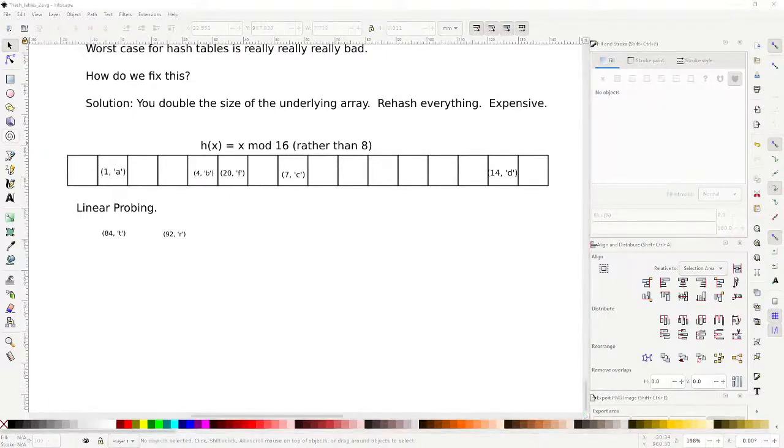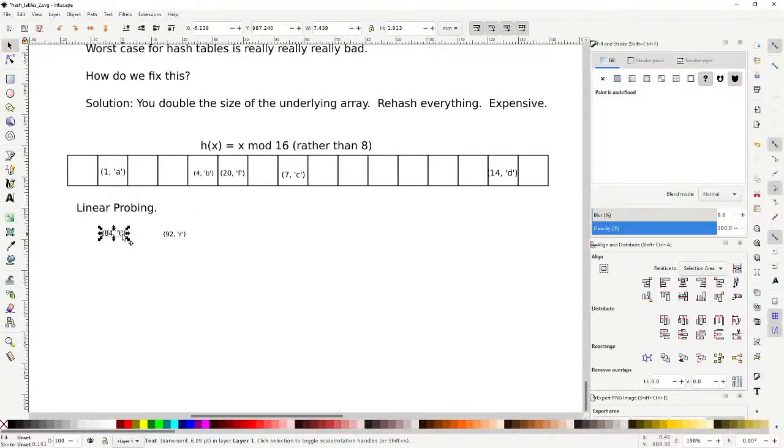And so now the question is, what is 84 mod 16? Unfortunately, isn't 84 mod 16 going to be 4? Yes. And then what is 92 mod 16? I think that will be 12? Yes. Okay, so unfortunately, this one is also going to try to insert here. It can't. It's going to try to insert here because it's going to do linear probing.